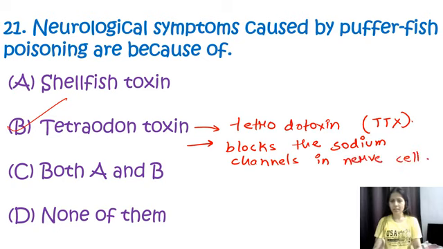What will happen? It will lead to paralysis or other neurological effects. Whereas shellfish toxins are not associated with the neurological toxicity of pufferfish poisoning. So over here my correct option will be B, that is tetrodotoxins.